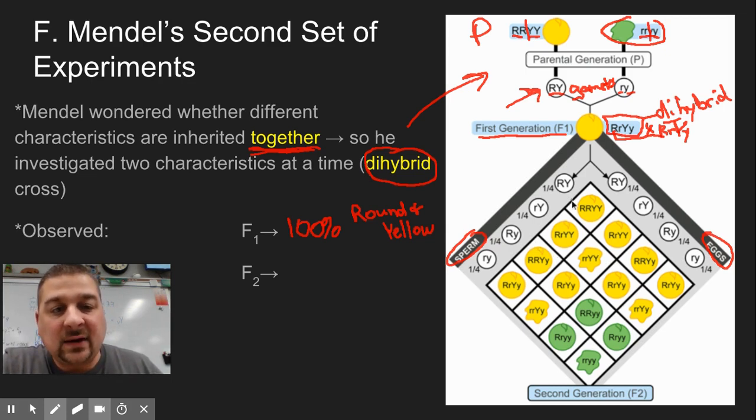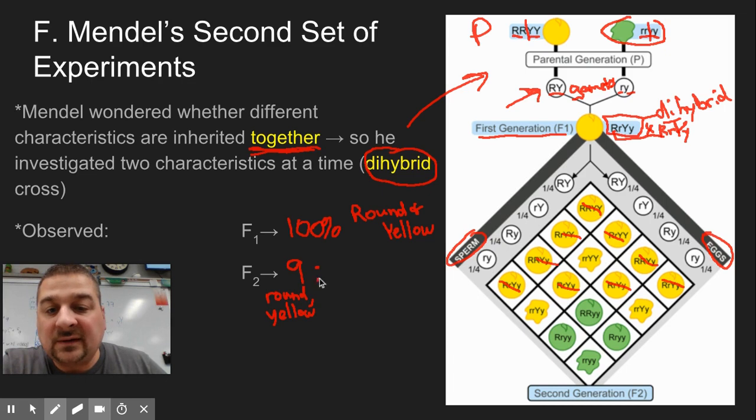Notice all the different combinations down here. When he began counting seeds, he noticed a ratio. How many were round yellow? 1, 2, 3, 4, 5, 6, 7, 8, 9. So 9/16 were round and yellow, so they had both dominant traits.